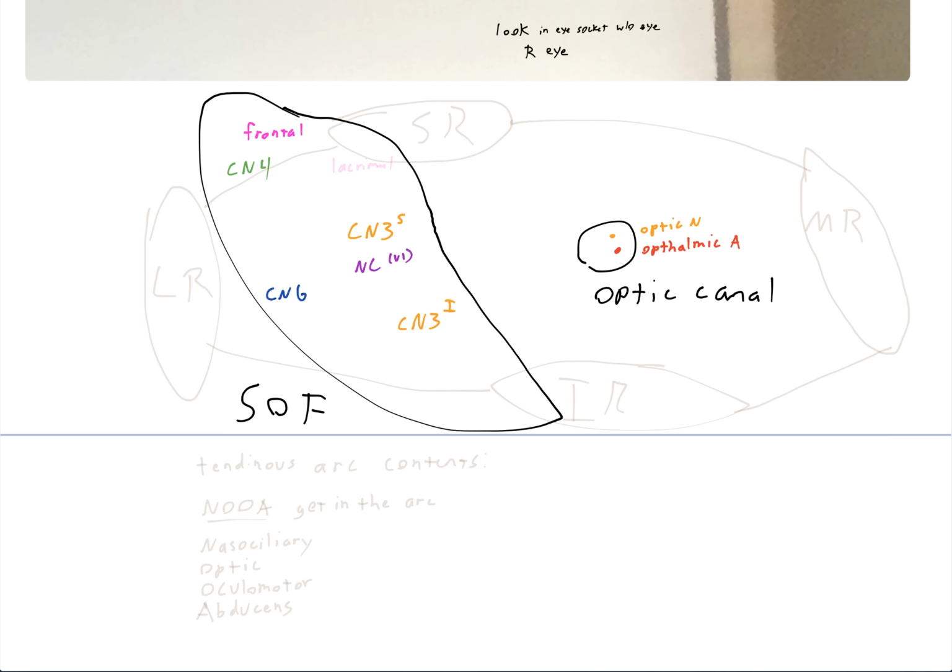So over here, you've got your lateral rectus. Your recti are going to form and connect to each other.